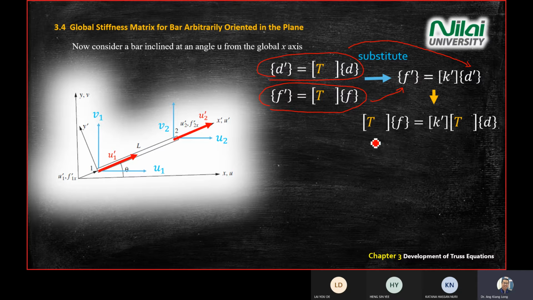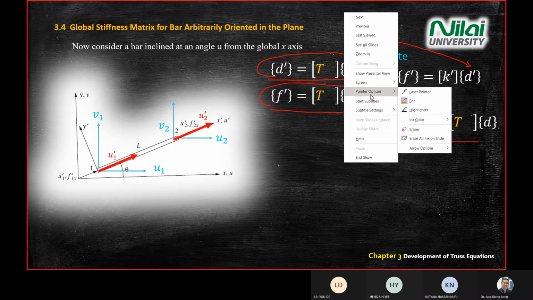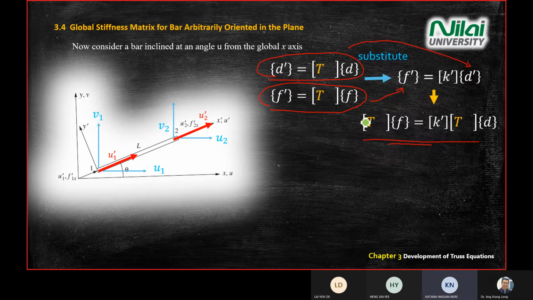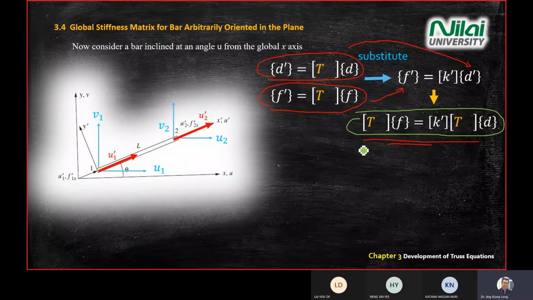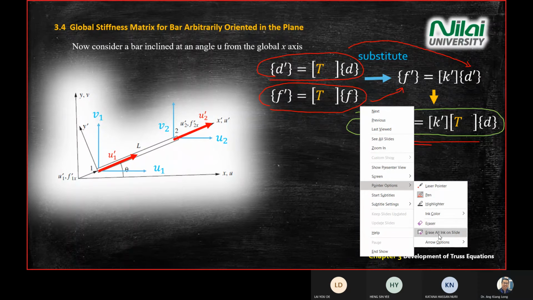Substitute, and you will get this equation: TF equal to K prime TD. Katana, do you understand how we get this equation? This substitution. Yeah, correct. It's just a substitution, yeah?